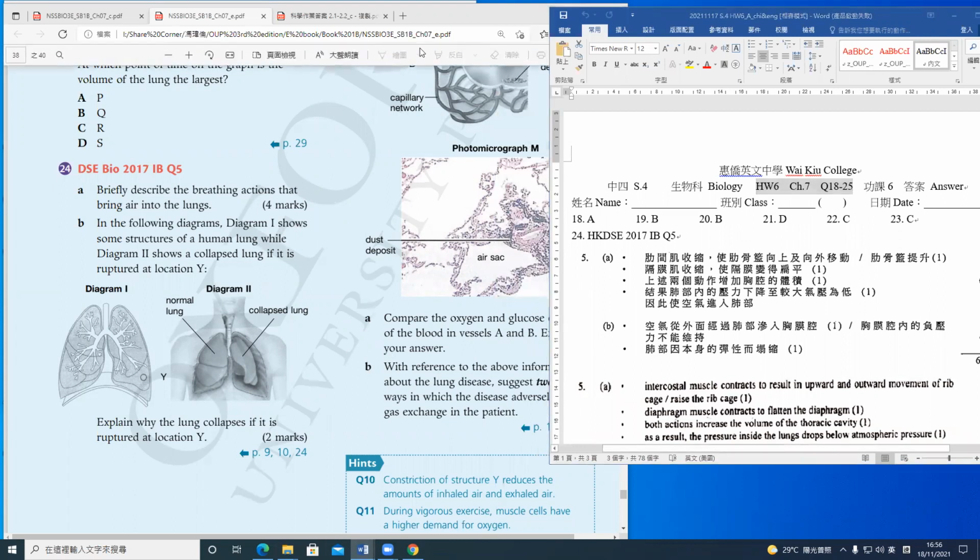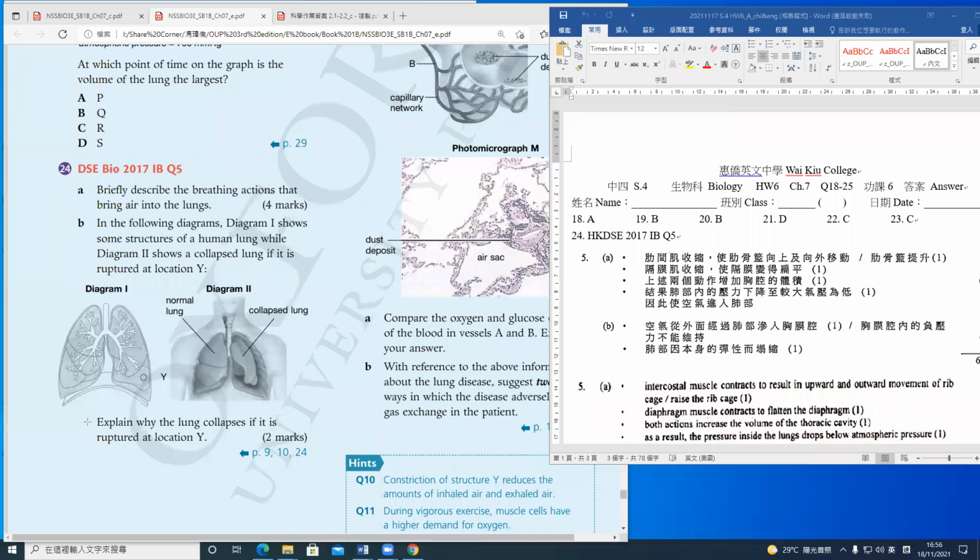The question asks: when we puncture, when we hurt point Y, why would our lung collapse, that means shrink inward? Why does our lung collapse?